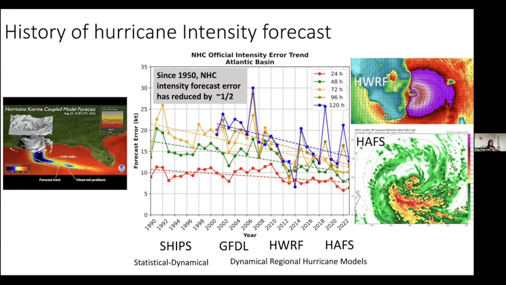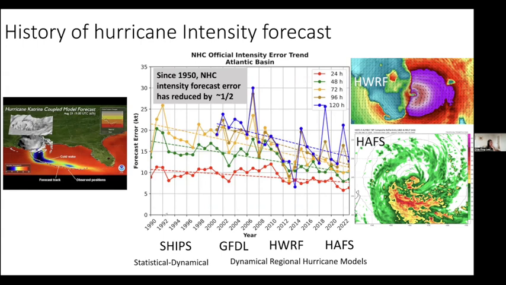Similarly, the intensity forecast error also decreases, or improves, with time. That is also not as amazing as the track forecasting, because intensification is a much more complicated process.